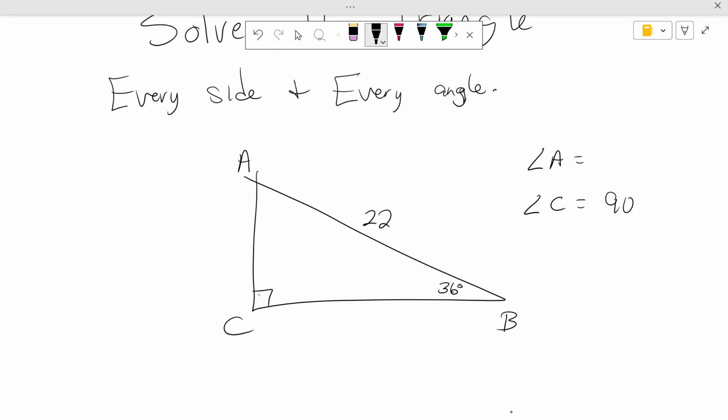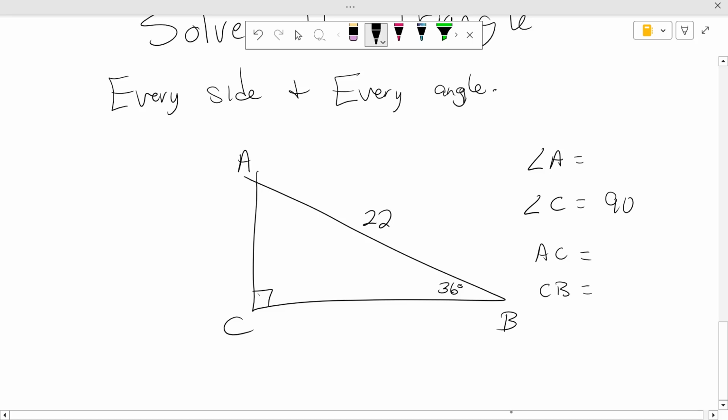I need to know side AC, and I need to know side CB. Okay, so I need to find those three things. Because what I know is 90, I know 36, and I know 22. The easiest thing to find in this case is an angle. It's easy to find an angle here.